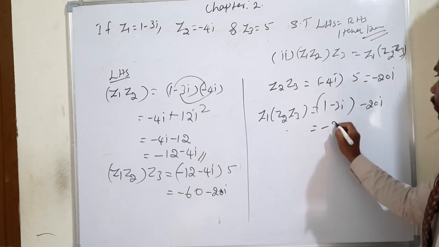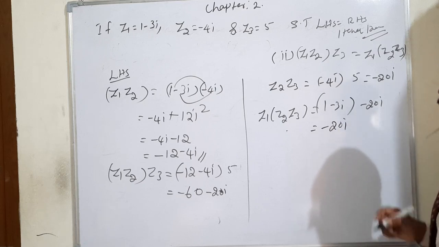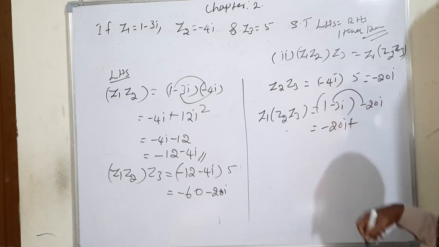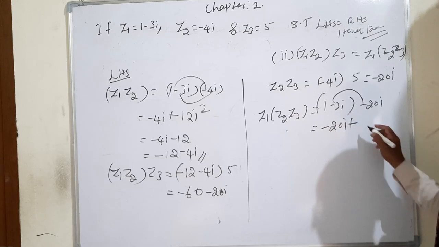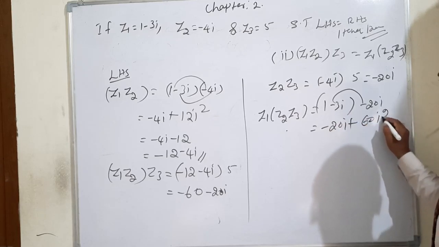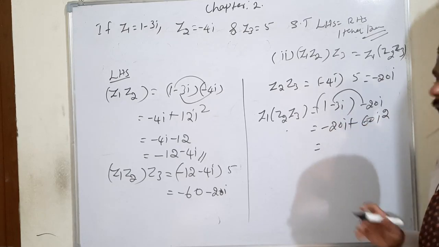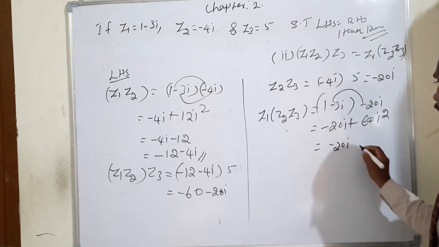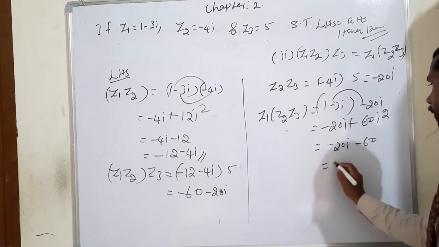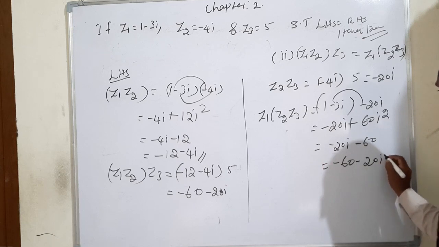Minus 20i into 1 means minus 20i. Again minus into minus is plus, 20 into 3, 60, i squared, and i squared is minus 1. Therefore minus 20i minus 60.